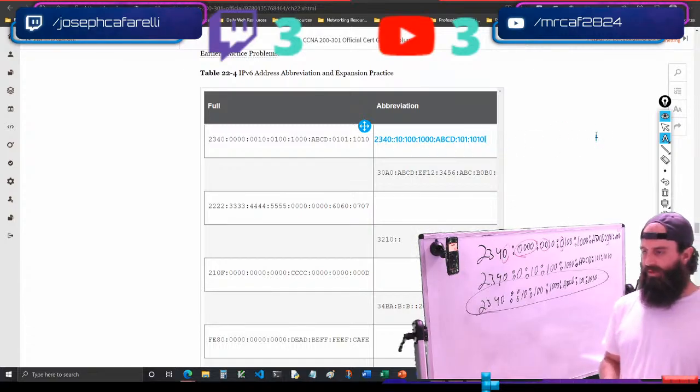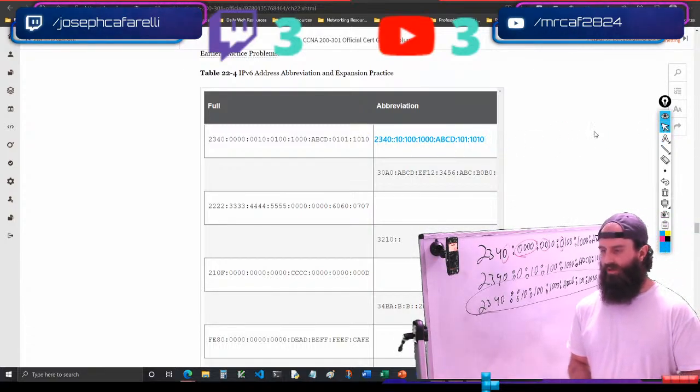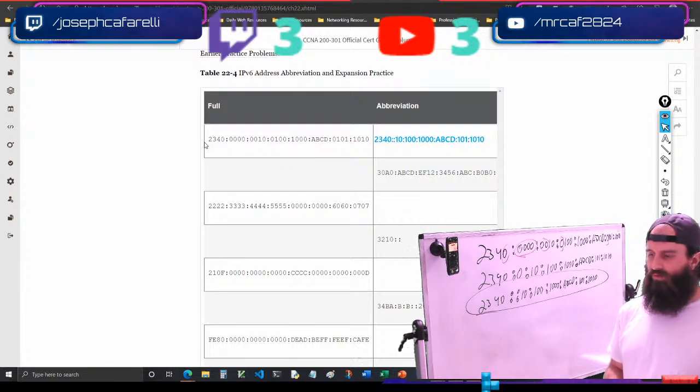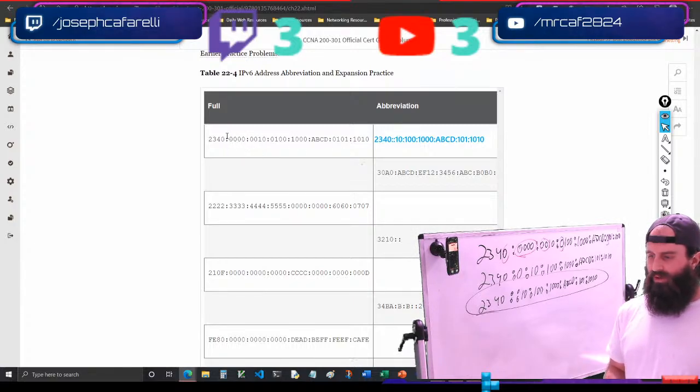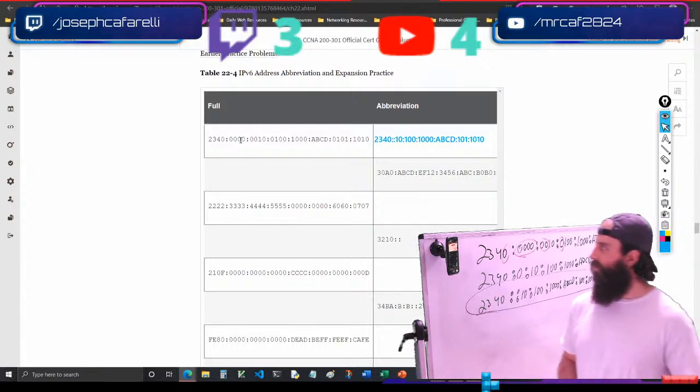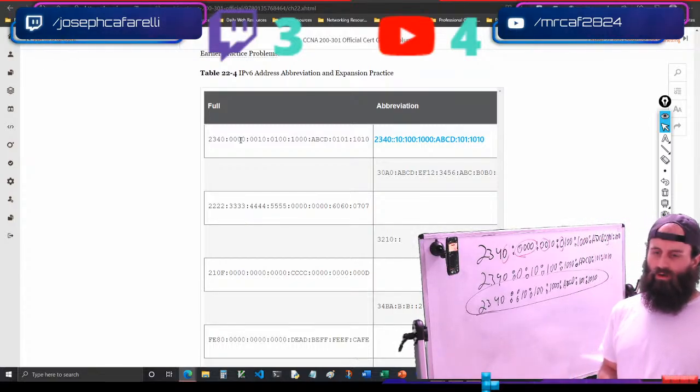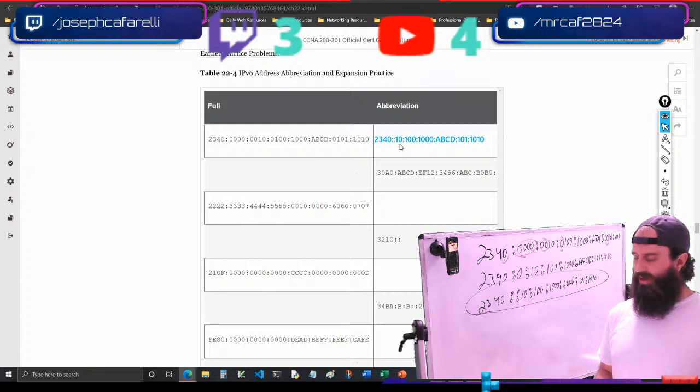All right, so that would be the abbreviated address for this IPv6 address right here, okay? So we were able to remove this entire quartet, and this entire quartet here, obviously because we had all zeros, and then using the second rule, we can remove those and abbreviate it down even further.